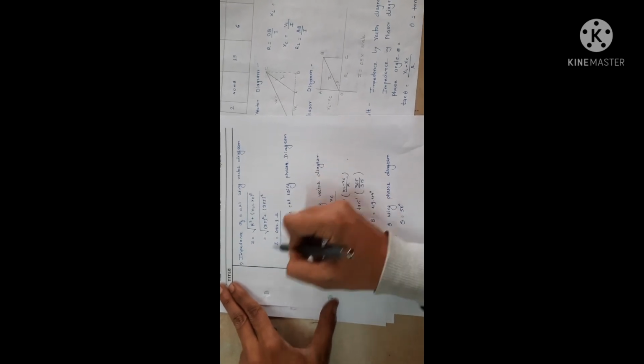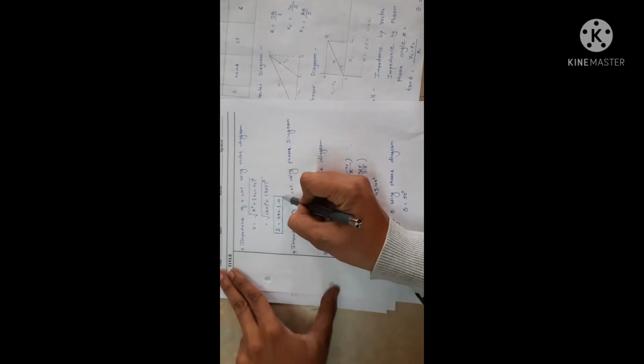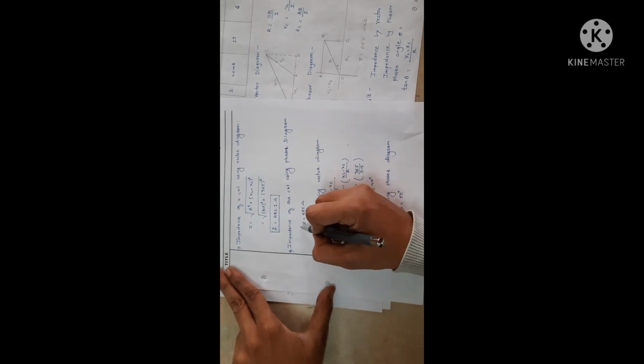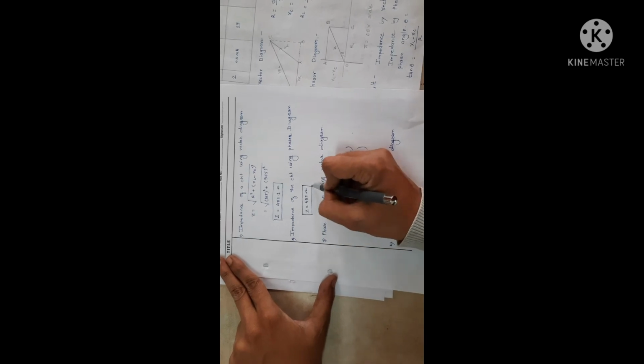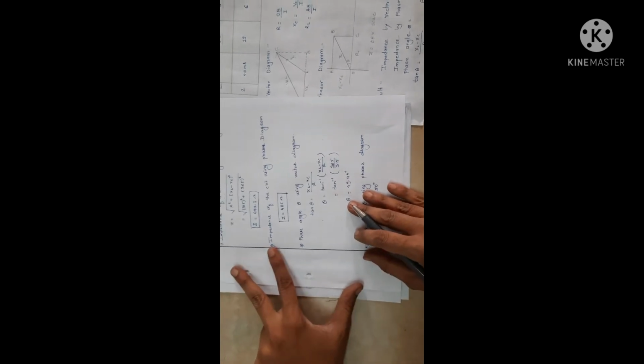Now here we can clearly see that the impedance using the vector diagram is nearly equal to the impedance using the phasor diagram.